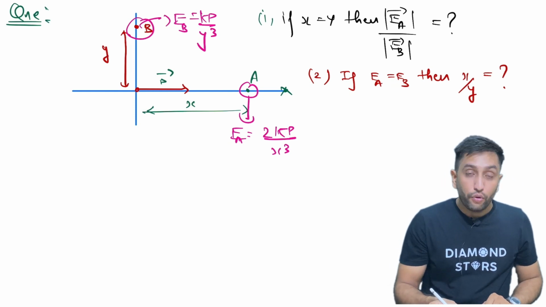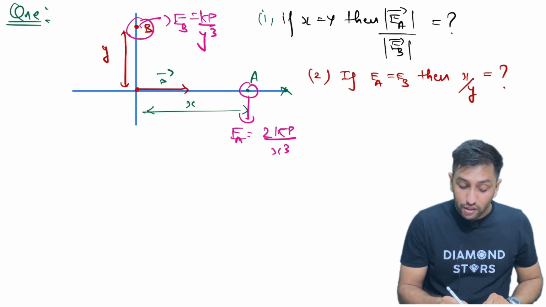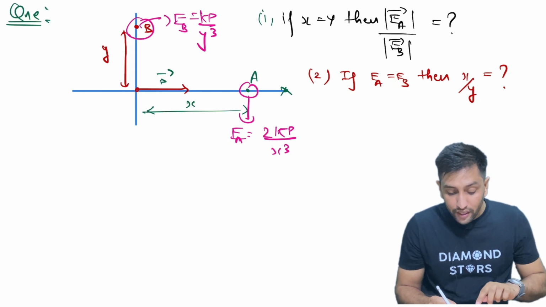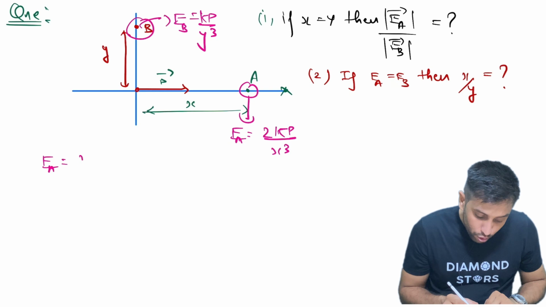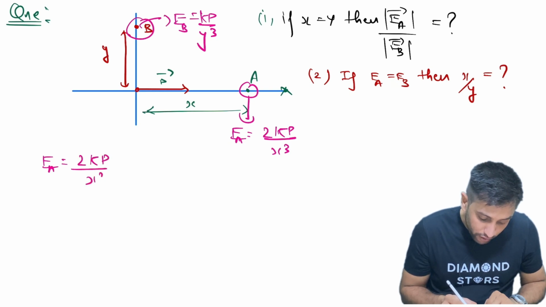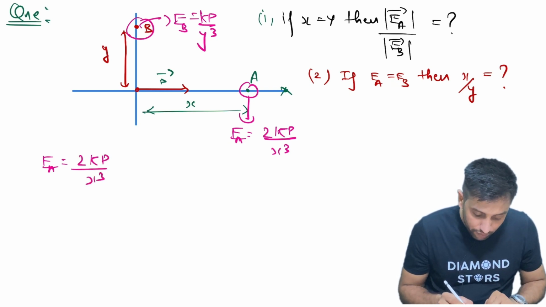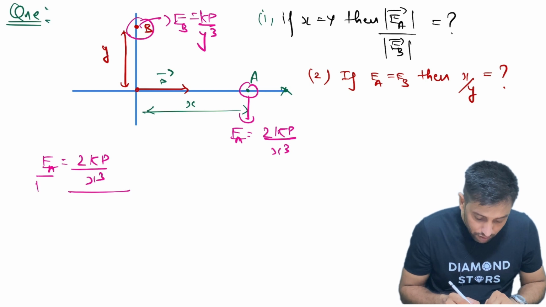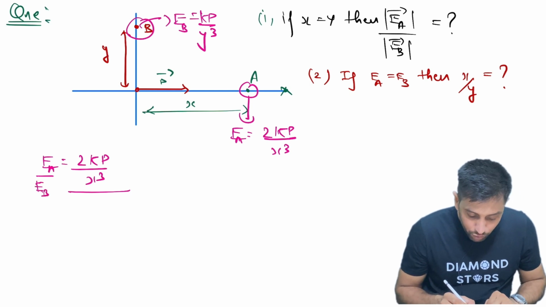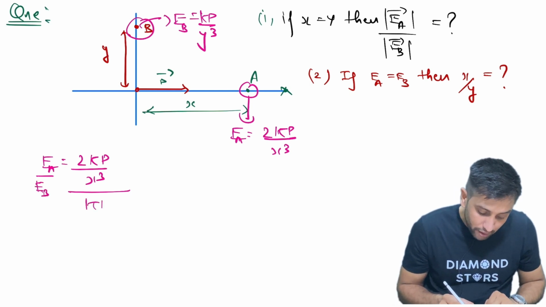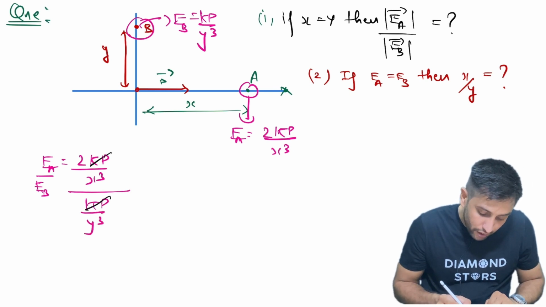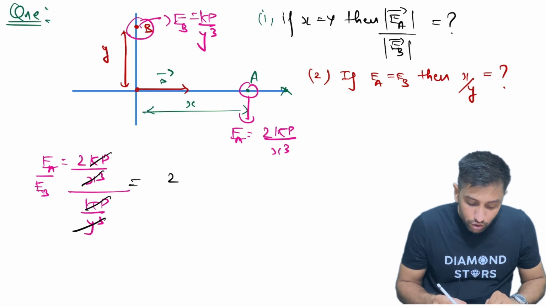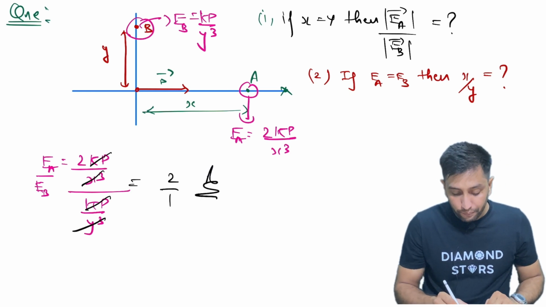Now it says when x equals to y, they are having the value EA is 2 Kp by x cube, and if I divide it with EB, it will become Kp by y cube. So you will cancel out this Kp in Kp, y cube and x cube, so left with 2:1. So this is your answer.